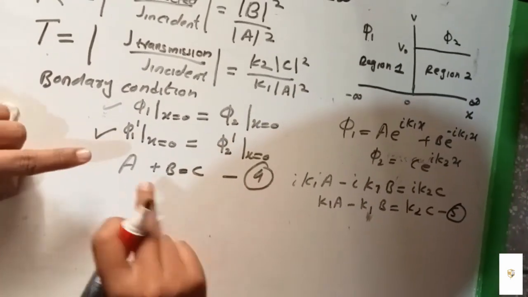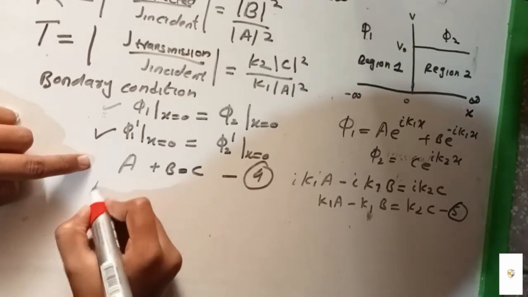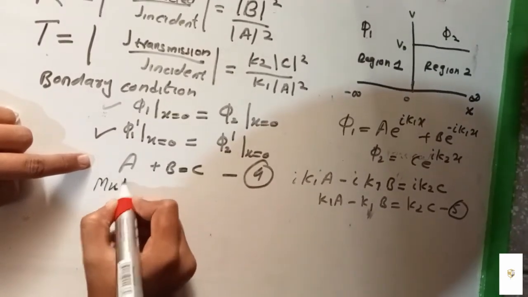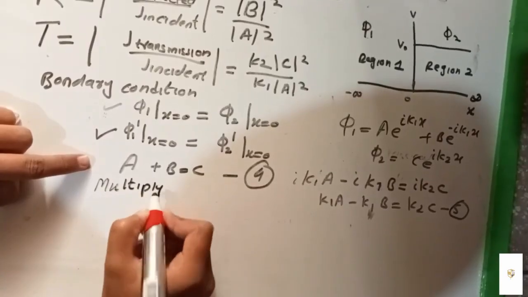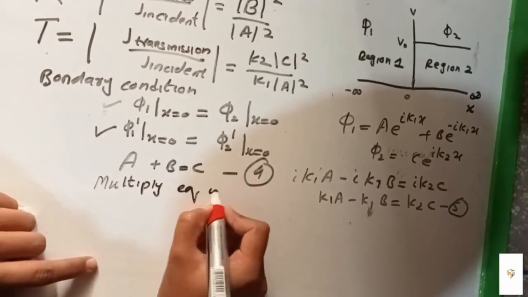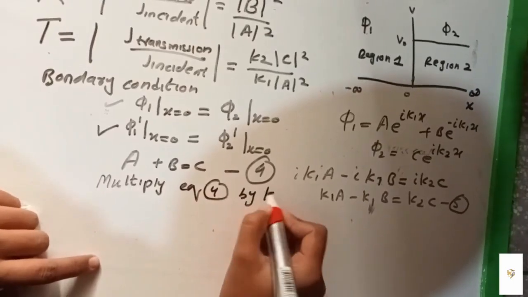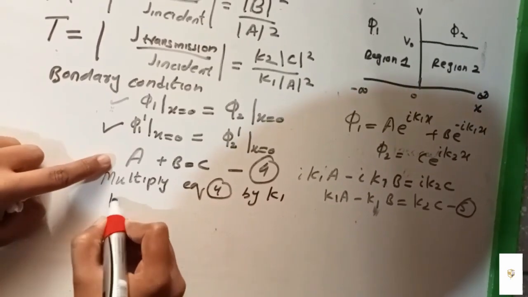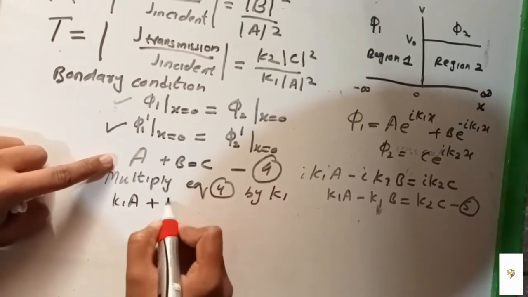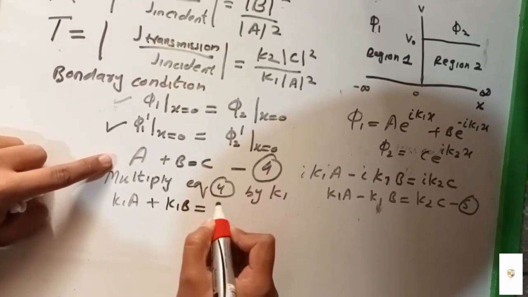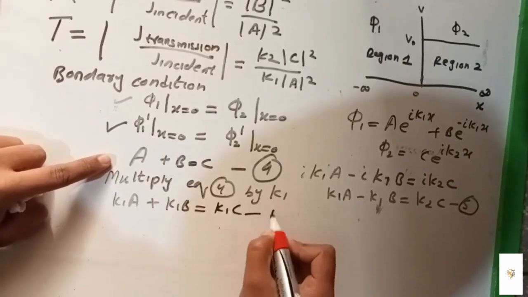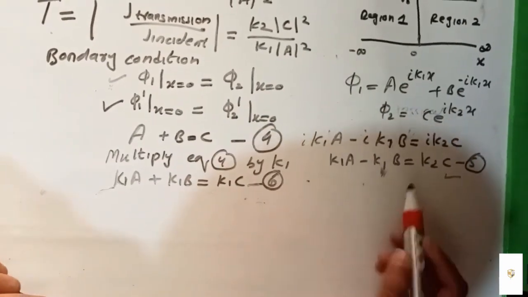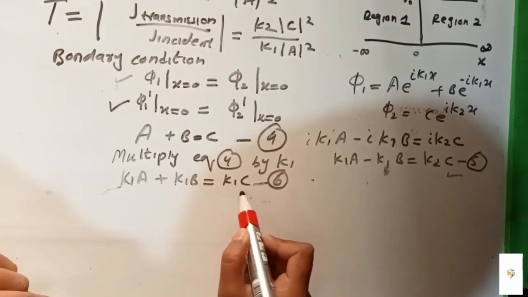Now multiply equation 4 by k1. Now this becomes k1a plus k1b is equal to k1c, which is equation 6. Now add equation 5 and equation 6.